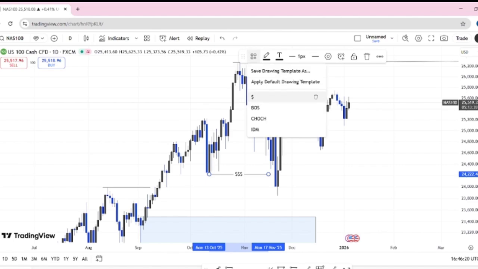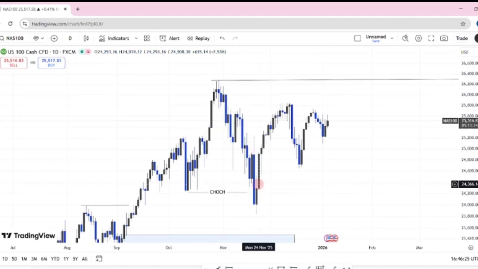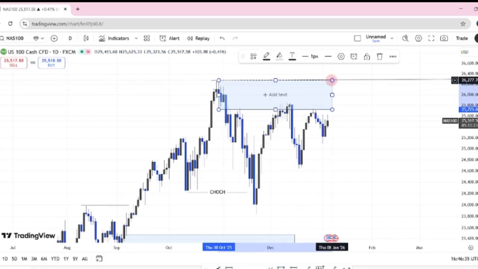Having a change of character, this gives us this level here as a potential supply on the daily. We can see that price is currently sitting in the daily supply.